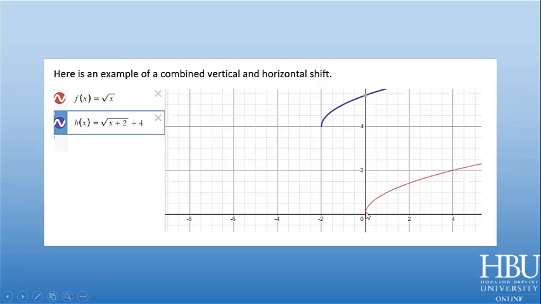Well, look what happens. The point (0, 0) is shifted 2 units to the left, just as we said, and then 4 units up. So the point (0, 0) on the graph of f would be mapped to the point (-2, 4) on the graph of h, where h of x is the square root of x plus 2, plus 4.